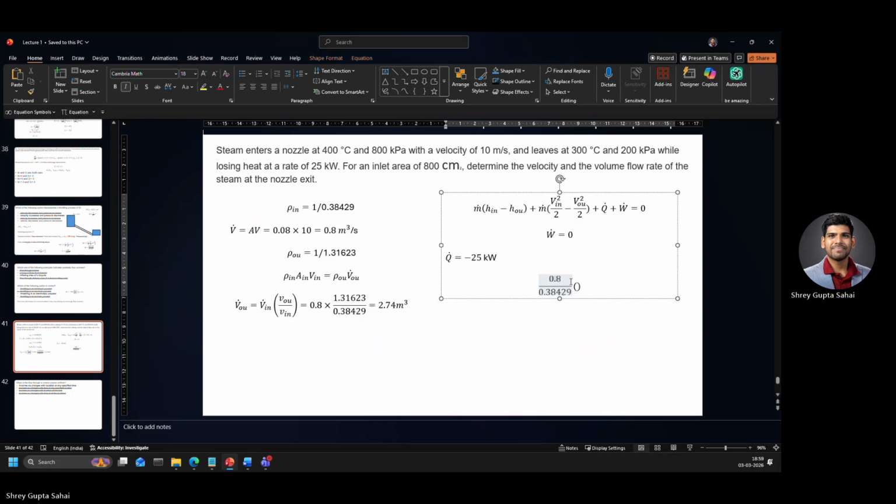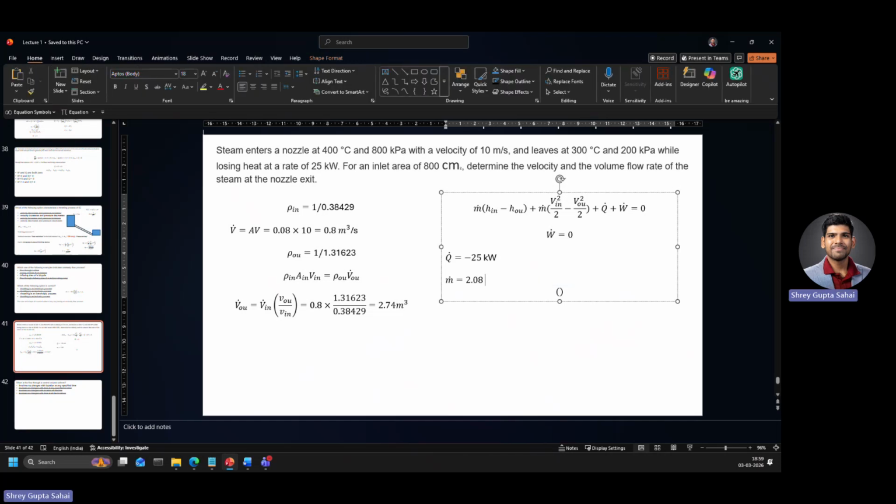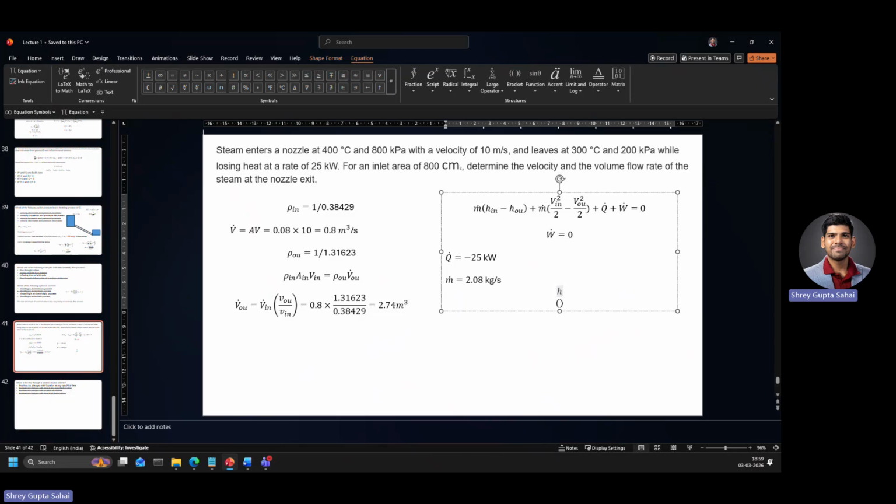So m dot is around 2.08 kg per second. Then let's calculate what H in and H out are. We'll use property tables for that.